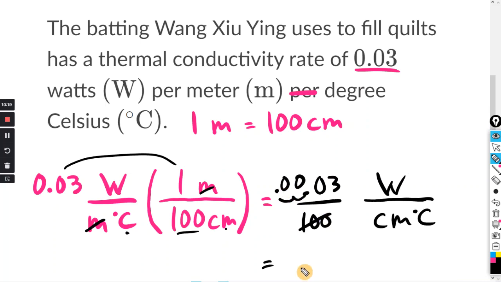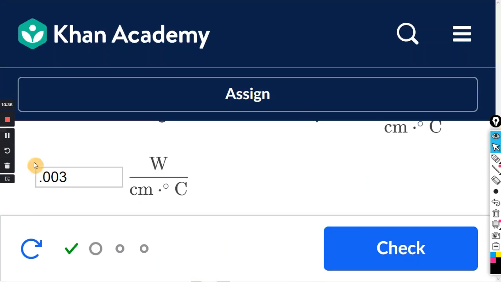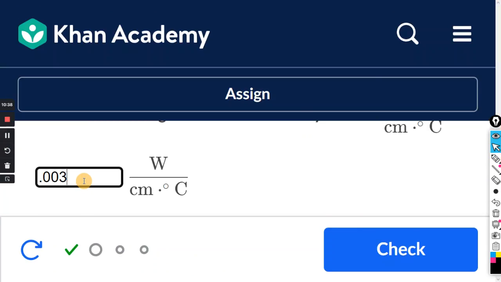And I have 0.0003. Okay, and these are the units right here. But the units are already written, so this is the only thing we need to enter in the box.